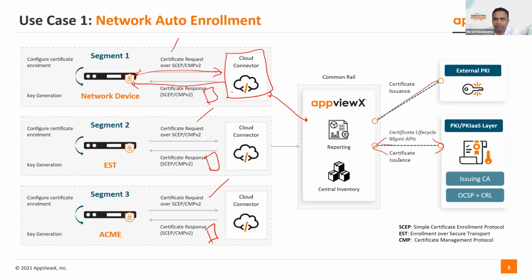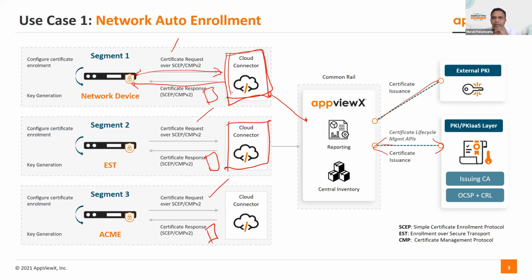Now, the key benefit of this is that you don't have to have multiple instances of AppViewX running. That is always an option. That's more of a traditional approach, where you would have a separate instance running in each of those environments. That's definitely an option. It gives you complete isolation, complete access separation, and whatnot.